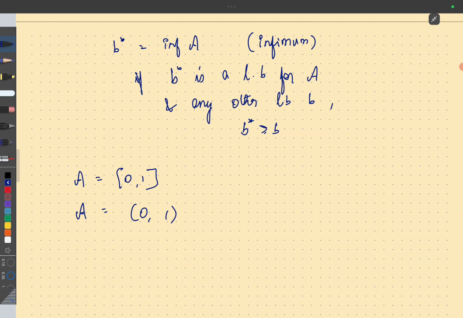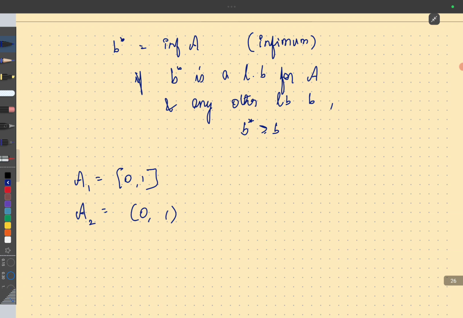What is the maximum of the first set A? What is the maximum for the set A2? It's not defined, right? So in the second case, the maximum is not defined, but the supremum and the infimum are both well defined.